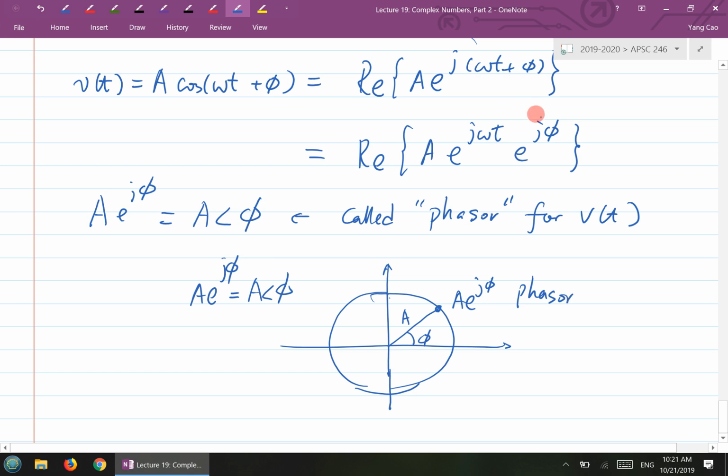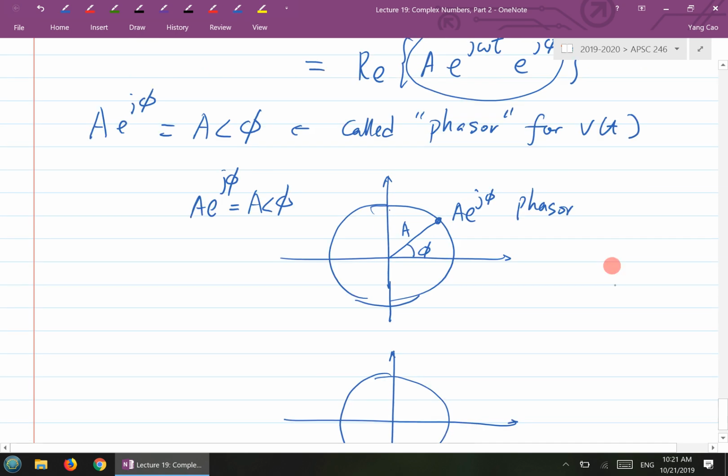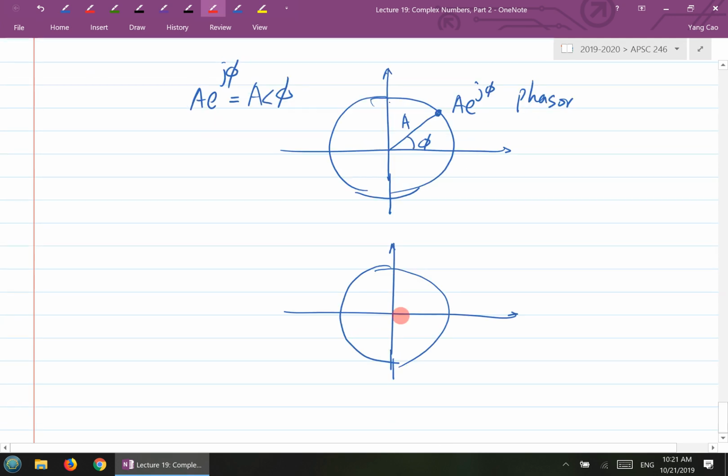So then, what about this whole thing in here? Using the same circle. If you compare this one and this one, the difference is this one here, right? When you multiply this with this, it's like this: you start from here and then travel up to this, that's omega t. So this value here is a e^(j phi) times e^(j omega t).